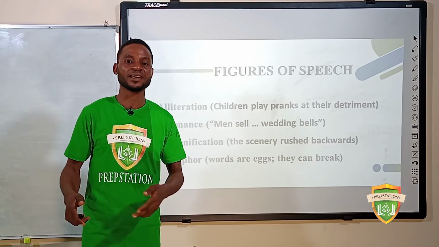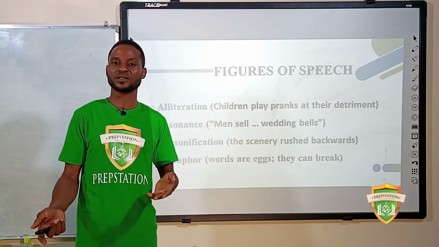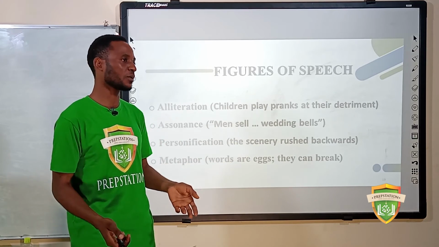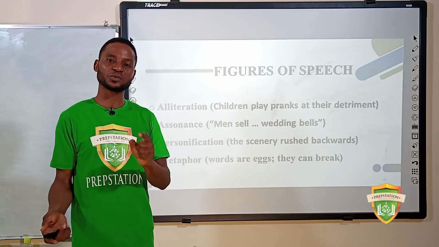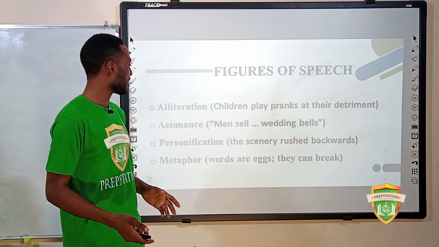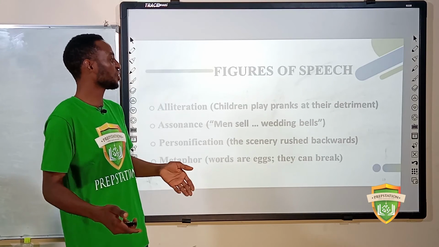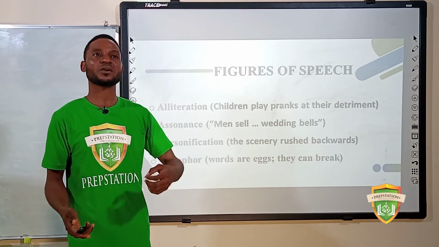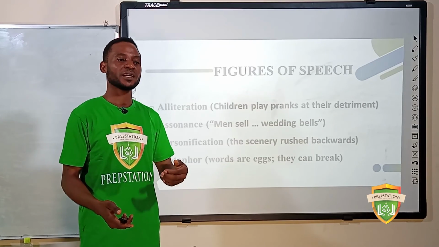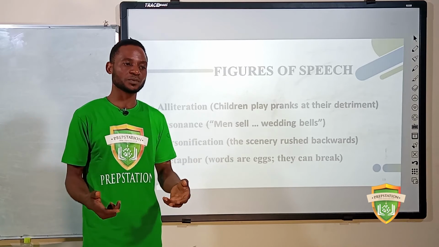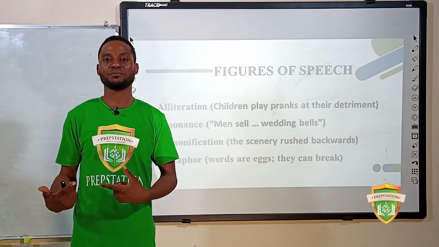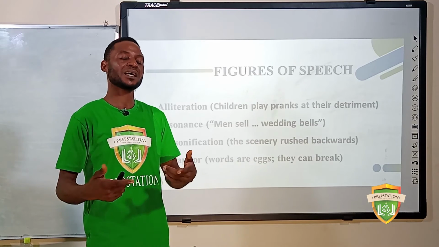Human beings have the ability to rush to the office, to rush to the bank, to rush to school and all of that. What is not human shouldn't have that ability. But here the writer says the scenery rushed backwards. So it's an example of personification because it gives a human attribute. The idea of rushing is associated with human beings and other animals.